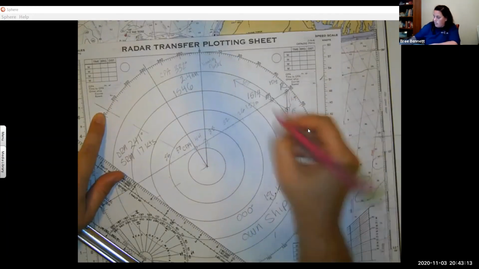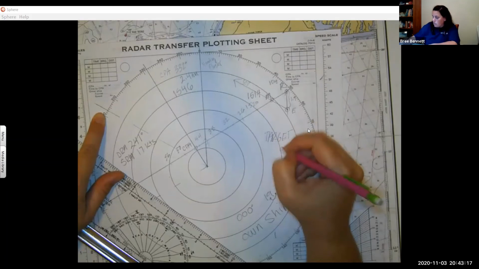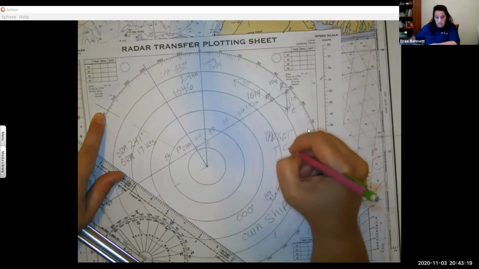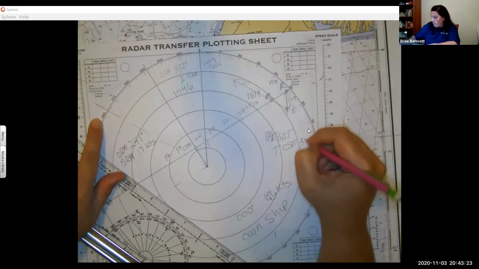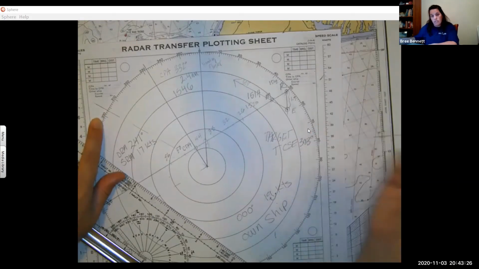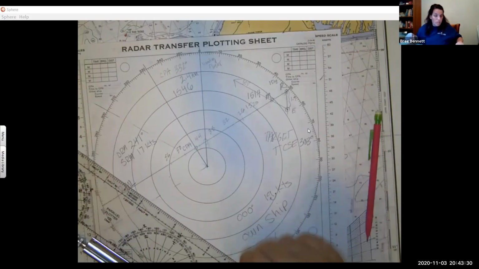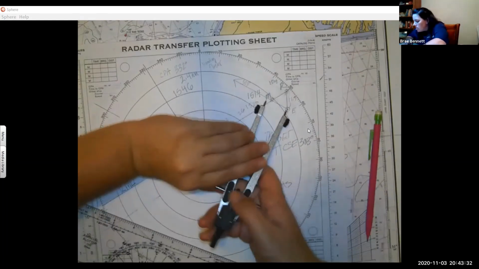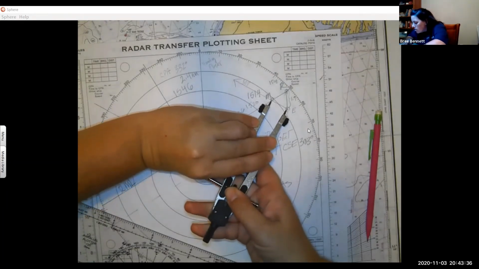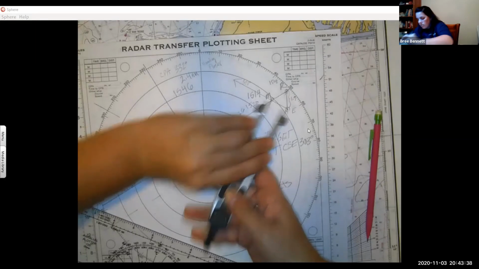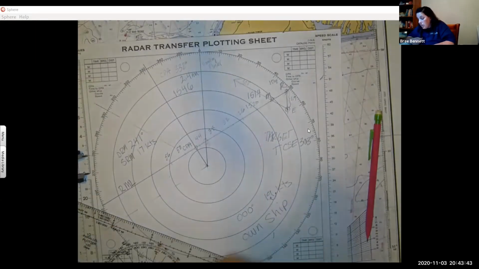So my target's true course is 303 degrees. My target's true speed, that distance there is 1.9.